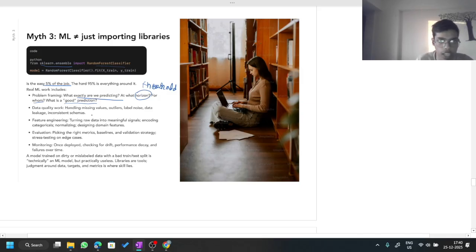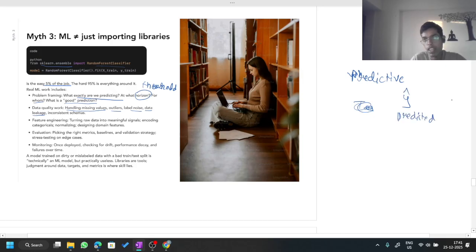Data quality again matters, as I have been emphasizing repeatedly: handling missing values, outliers, noise. Data leakage refers to the ML model knowing data it should not know beforehand. Whenever you are building something predictive, you will have a predicted label or value, and an actual label.